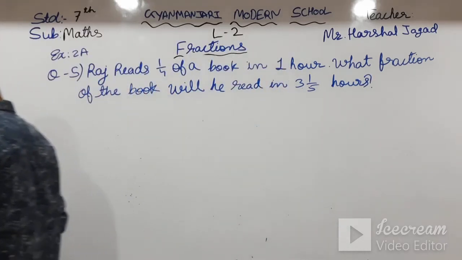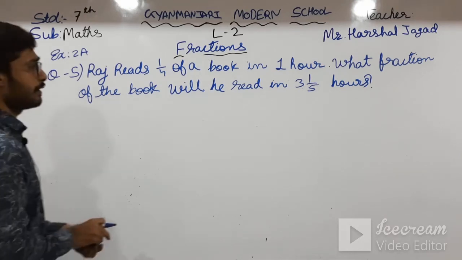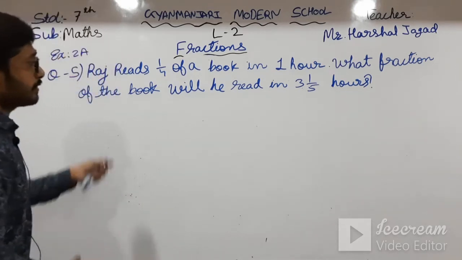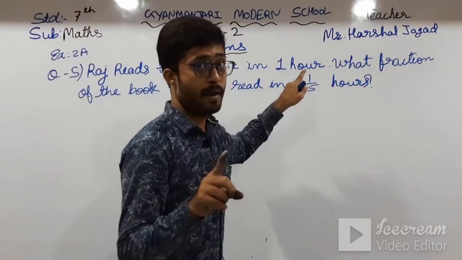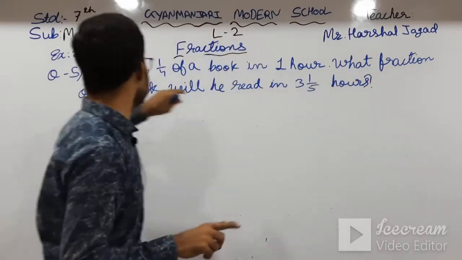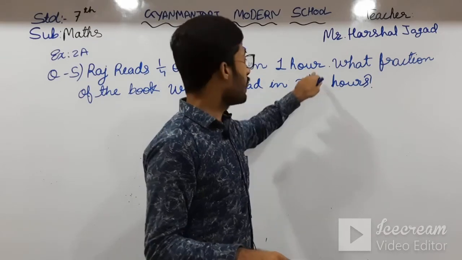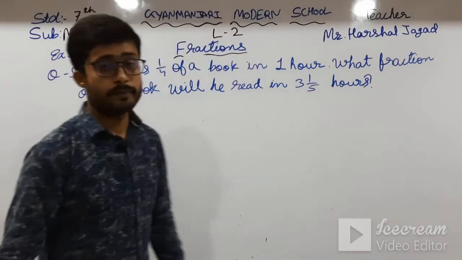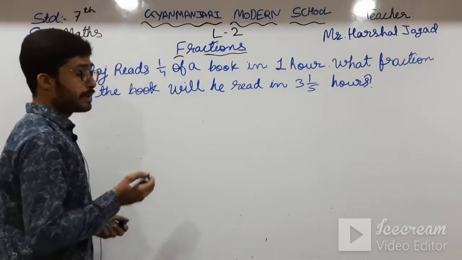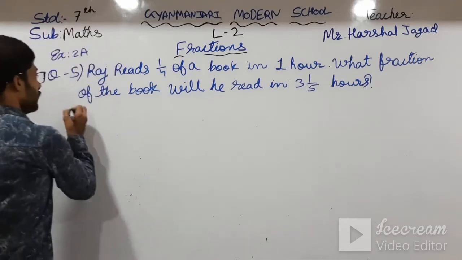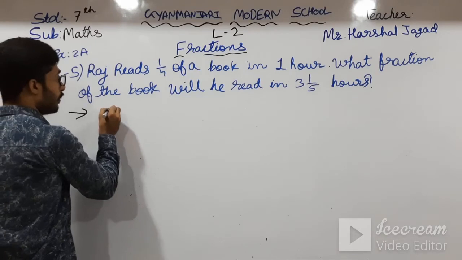Okay students, we have to find that Raj is reading 1/4 book in 1 hour. Then what fraction of the book will he read in 3 1/5 hours? Okay students, first of all what we will do, write some main points.